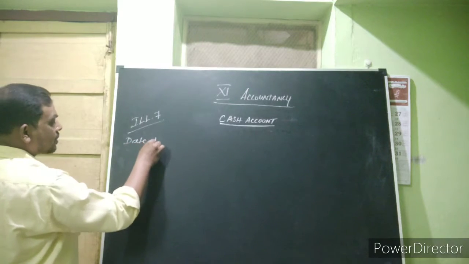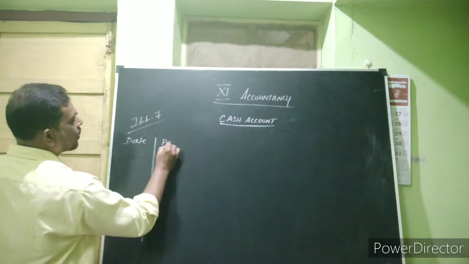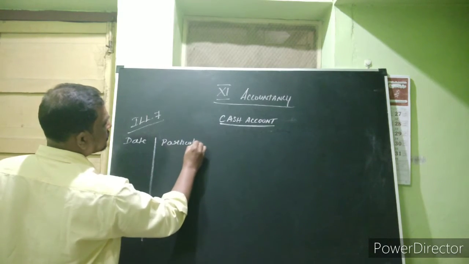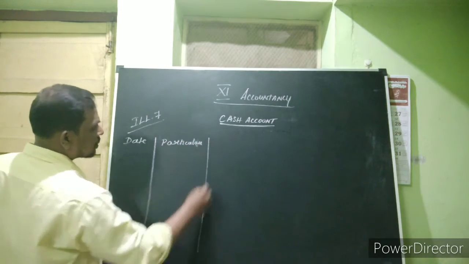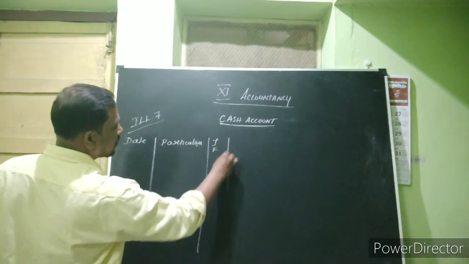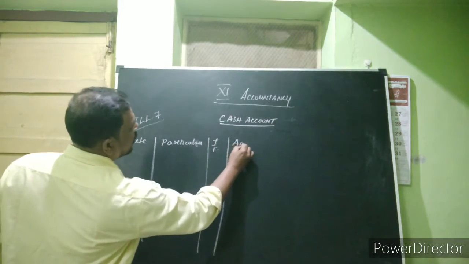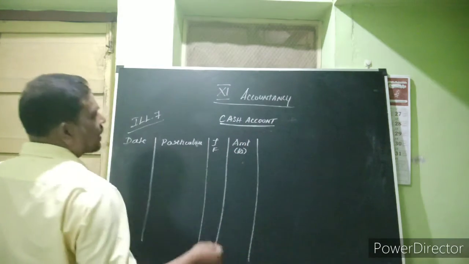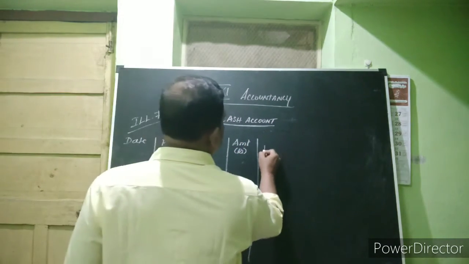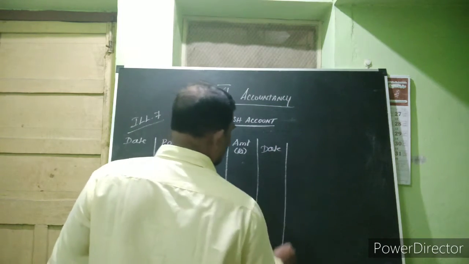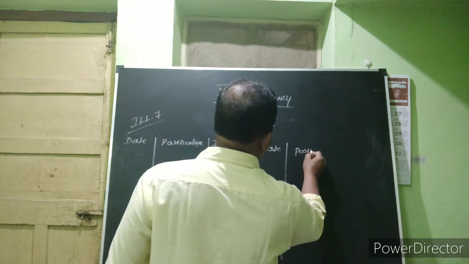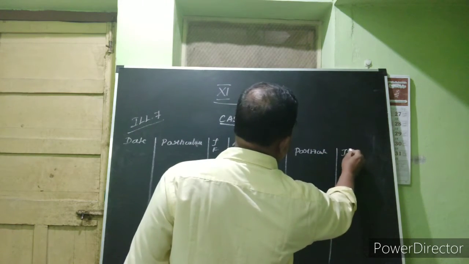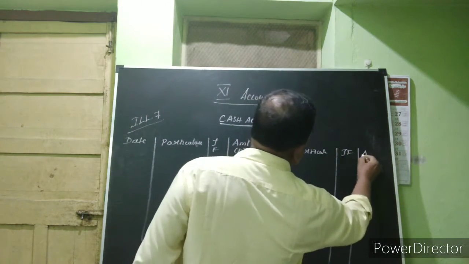Date, particulars, JF, amount in rupees. Like that in the credit side: date, particulars, JF, amount in rupees.